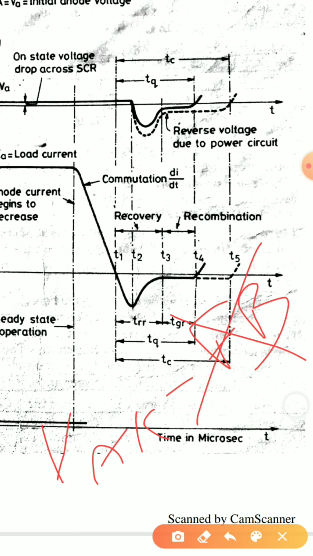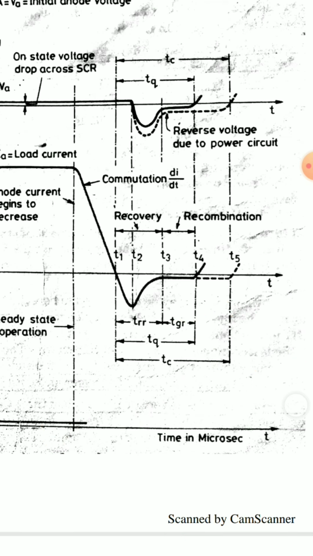When I remove it, my charge carriers have already assumed some positions, and that position has to come back. When it is coming back, current will flow in the reverse direction. Why is there a current flow in the reverse direction? A current builds in the reverse direction because of the presence of charge carriers in the 4 layers.